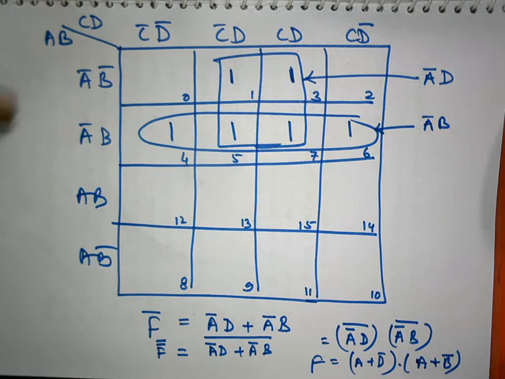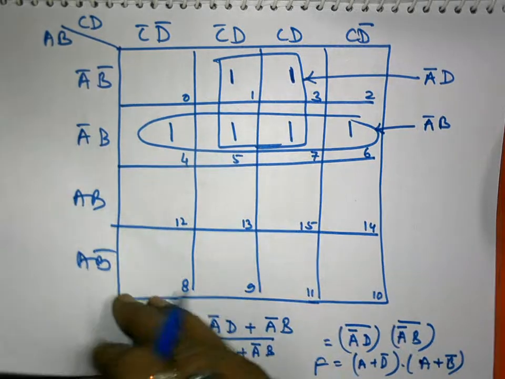Once you have realized the function for F bar, you take the further complement of the function to get F, and that function will come in the form of product of sum, and once you have the product of sum expression, you can realize it using your NOR gates, okay.